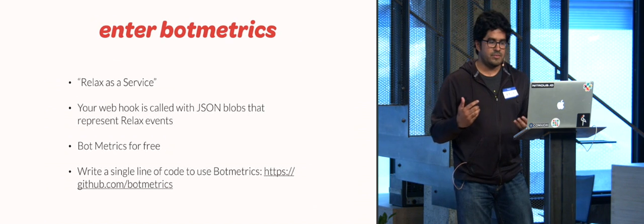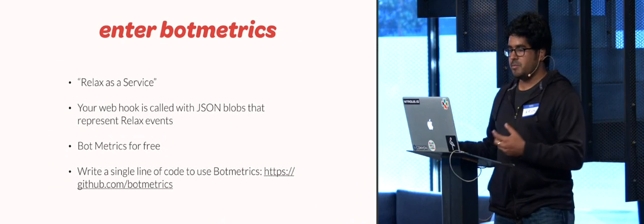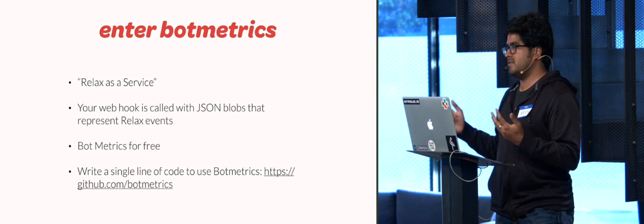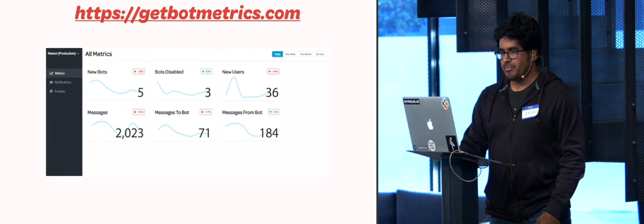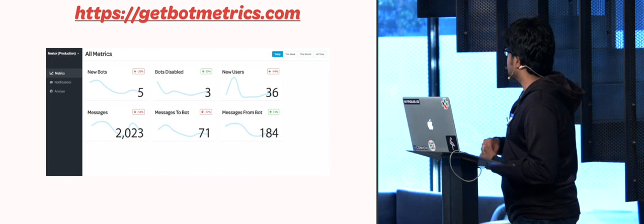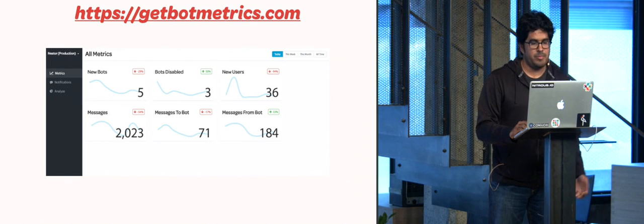You get all of your metrics for free, and it's super simple to integrate your bot with Botmetrics. If you go to github.com/botmetrics, there are Go, Ruby, and Node.js bindings for it right now. And this is a screenshot of the types of stuff that you can get with Botmetrics.